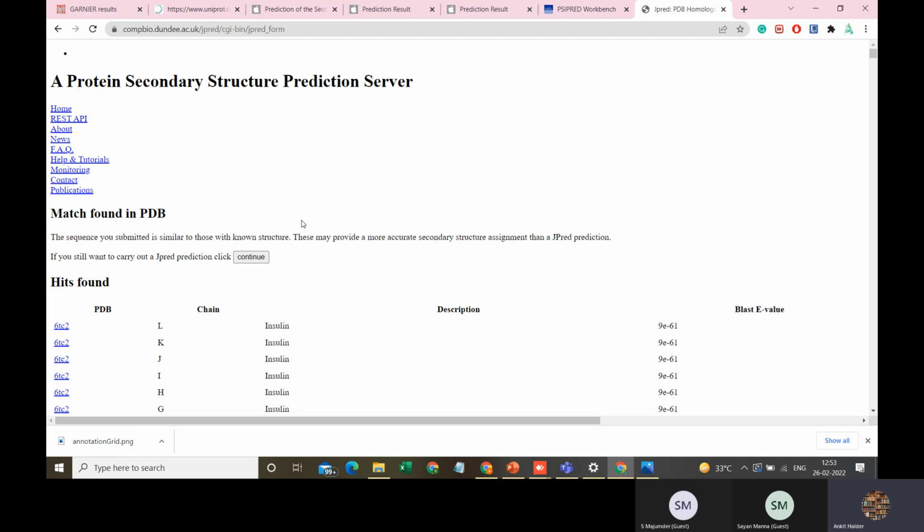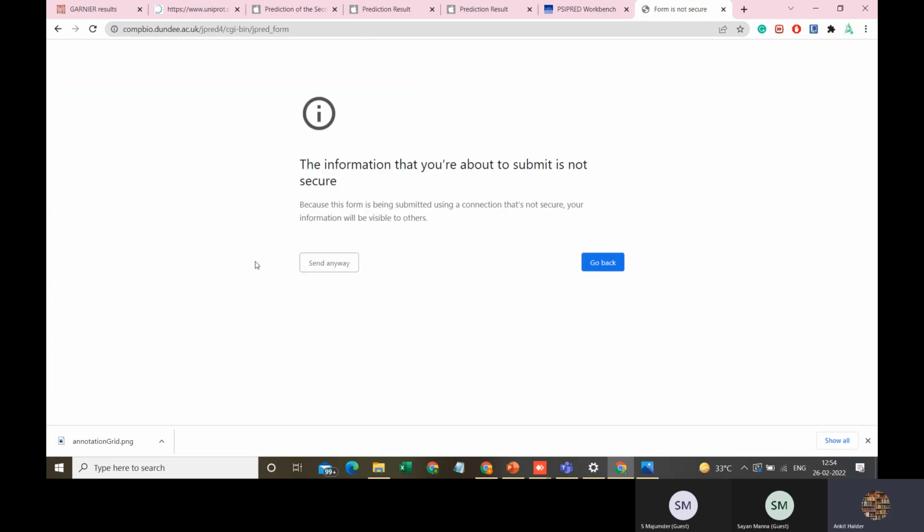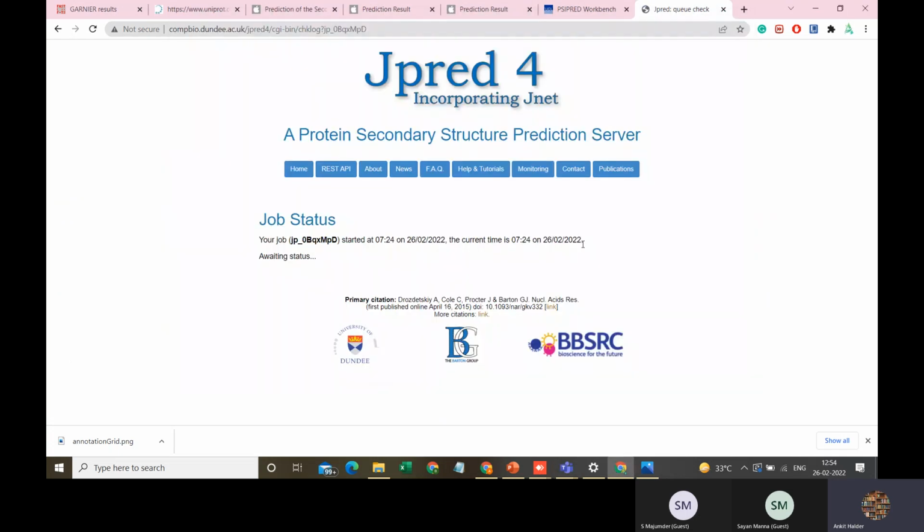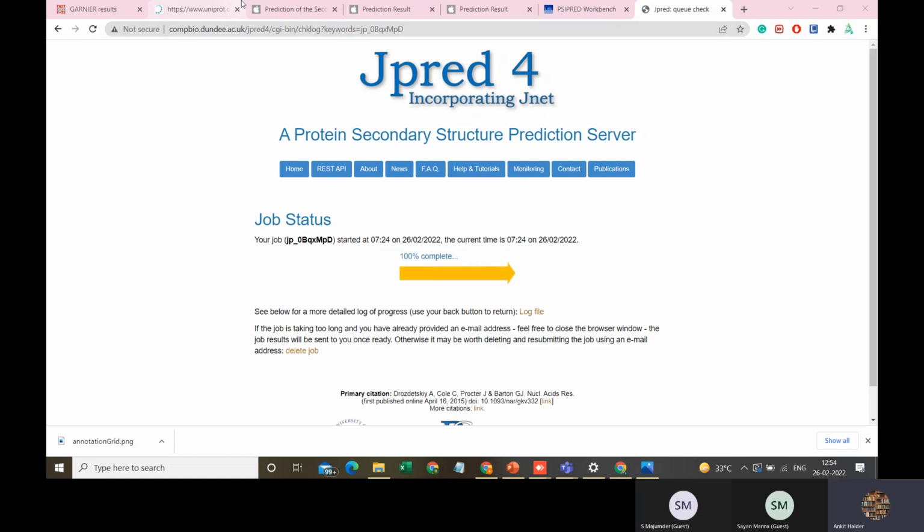It will not only rely on the prediction algorithm, but will also take help and guidance from these PDB structures, so this will give us more accurate results. Since we have taken the sequence from insulin, it got mapped to it.